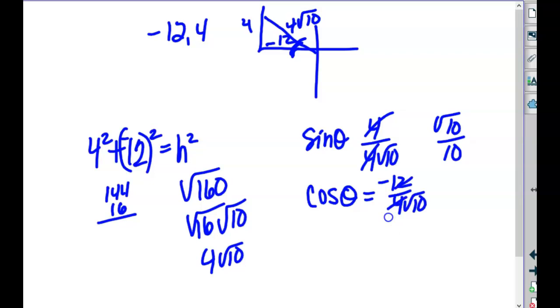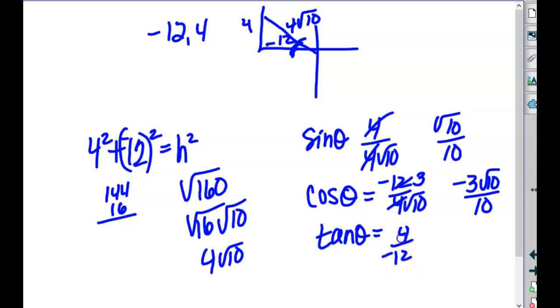This would reduce to -3. So we'd have -3 square roots of 10 over 10. Tangent would be y over x. Look back up here, we started with an ordered pair, right? It's just y over x, or opposite over adjacent, but 4 over -12 is going to be -1/3.